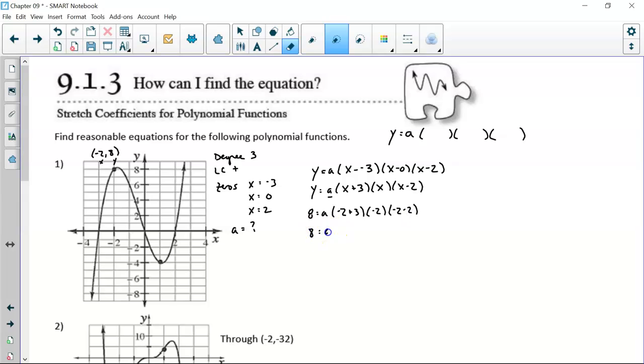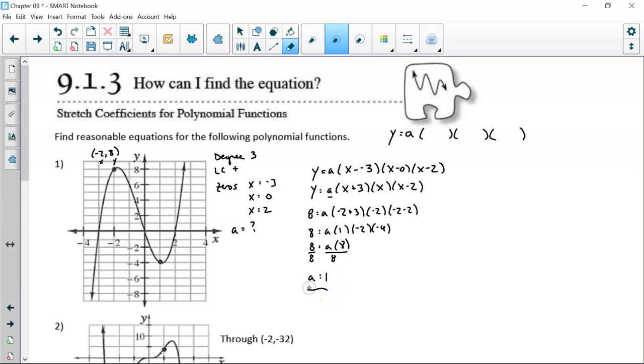So 8 equals a times 1 times -2 times -4. So 8 equals a times 1 times -2 times -4, which is +8. Divide both sides by 8. A equals 1.